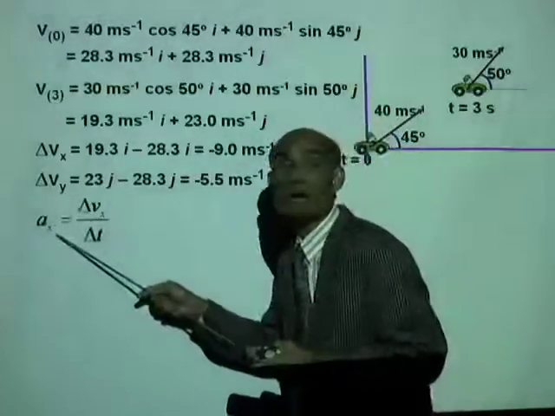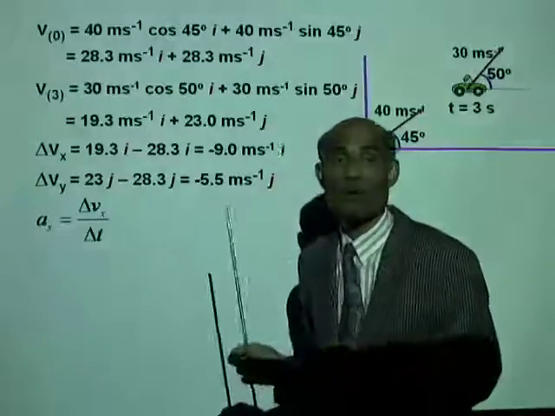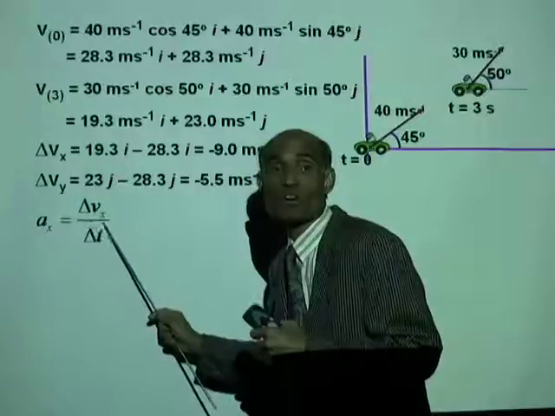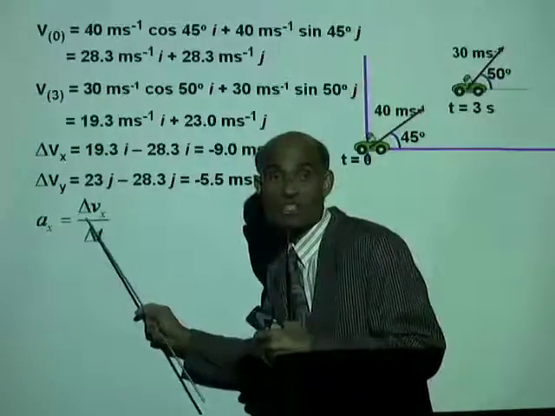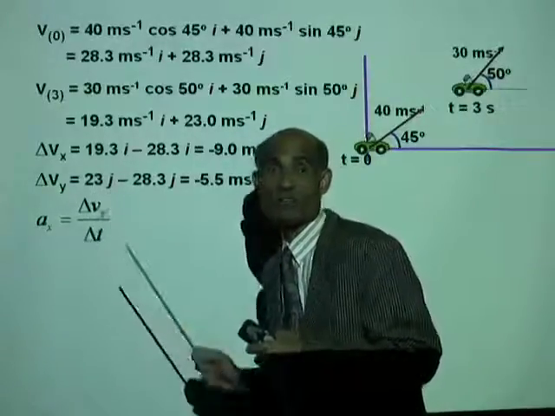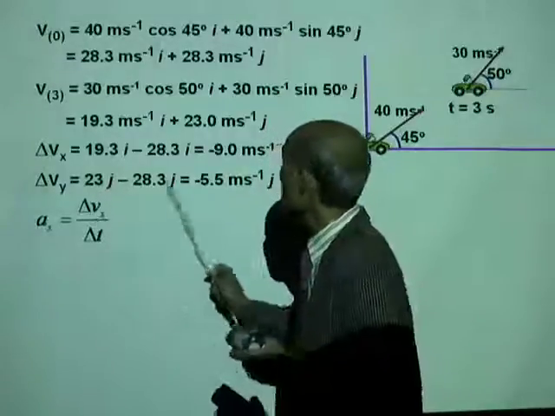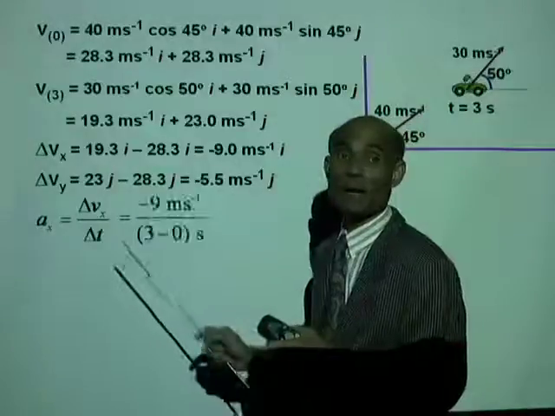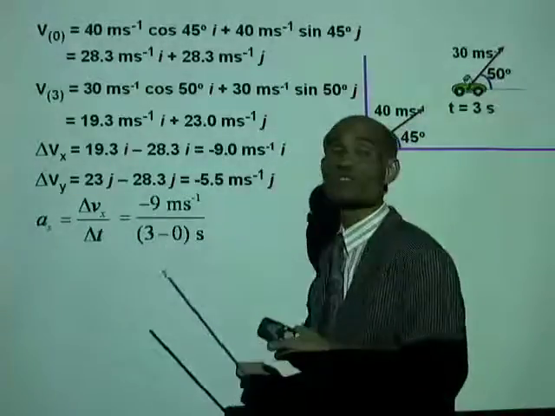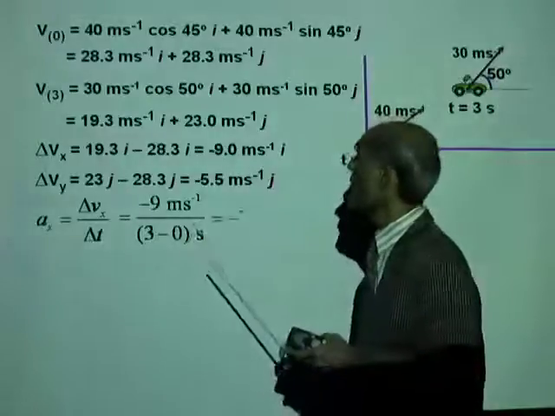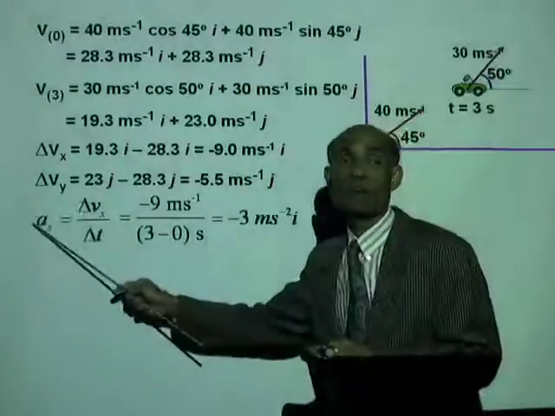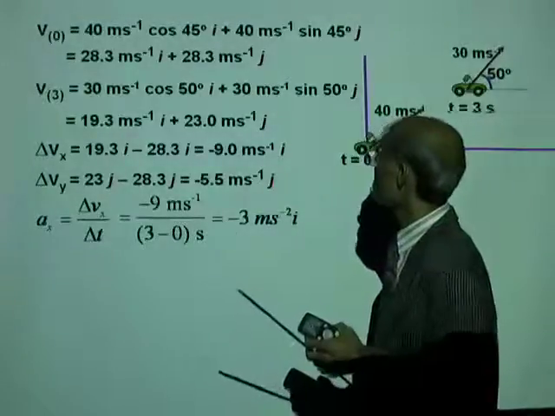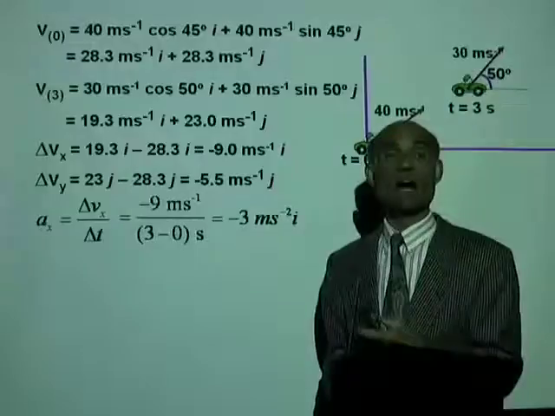So a sub x, what does a sub x stand for? Acceleration in the x direction is the change in velocity in the x direction divided by delta t, and delta Vx is negative 9 meters per second i, and delta t is 3 seconds, and so a sub x, the x component of the acceleration, is negative 3 meters per second squared i.